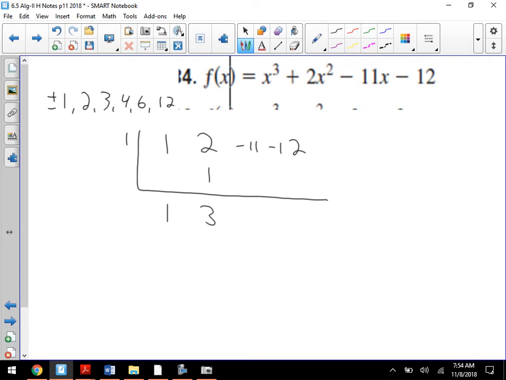One, 3, not going to work. What's negative 1 times negative 12?